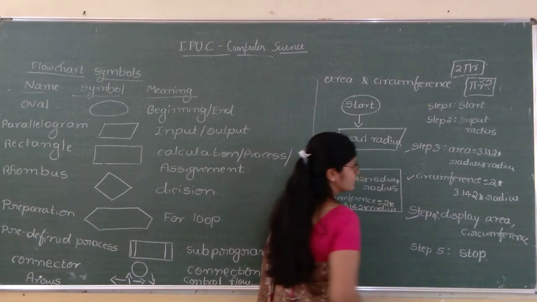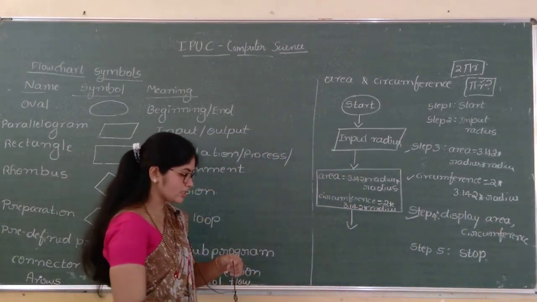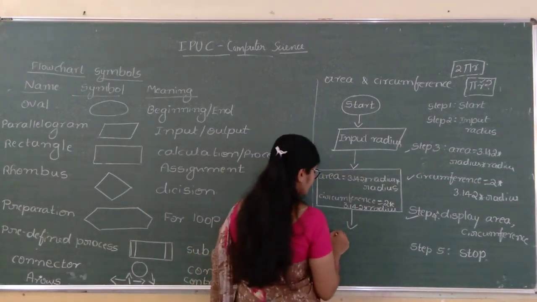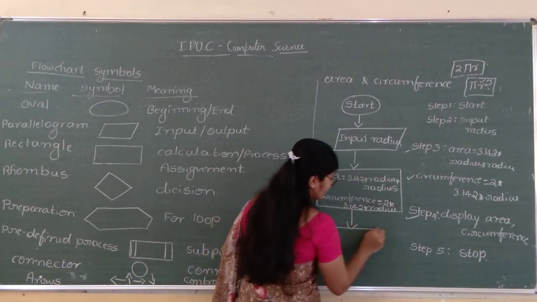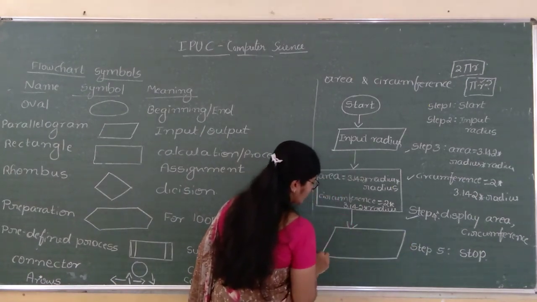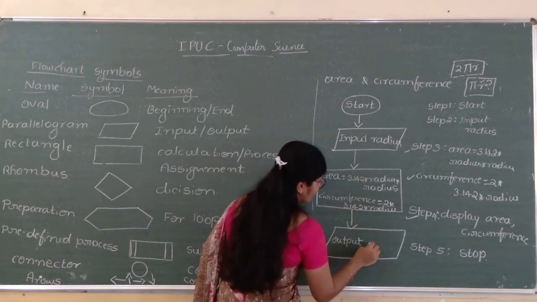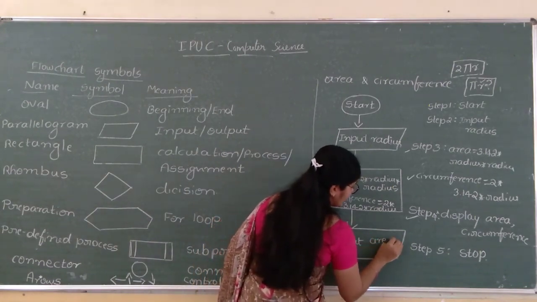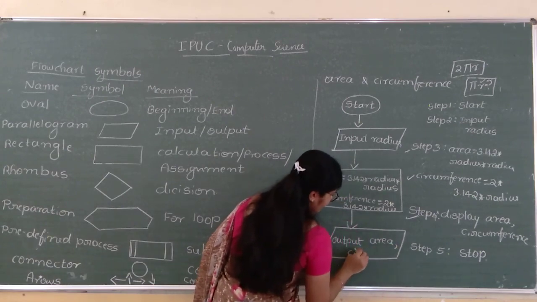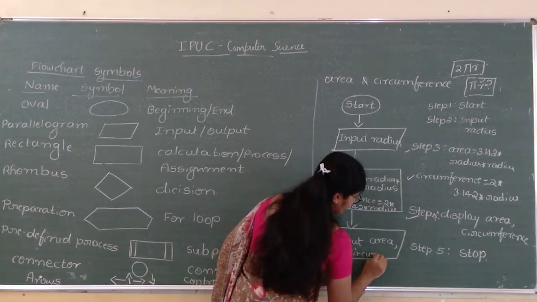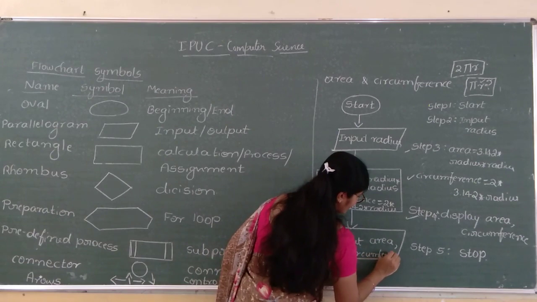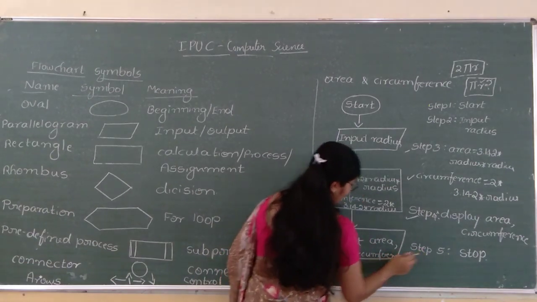Fourth step is display area and circumference. Parallelogram, output area, comma, circumference. Step 5, stop.